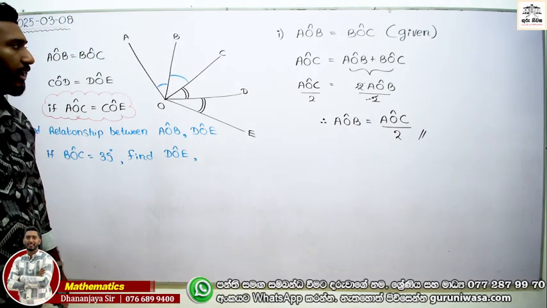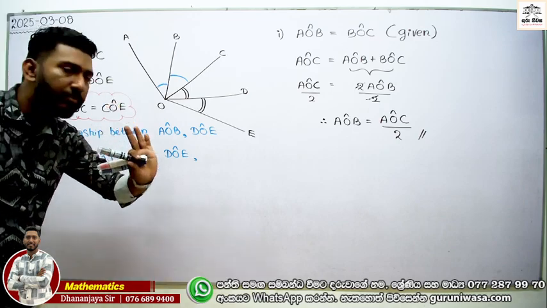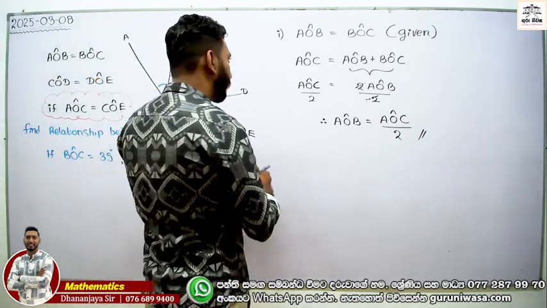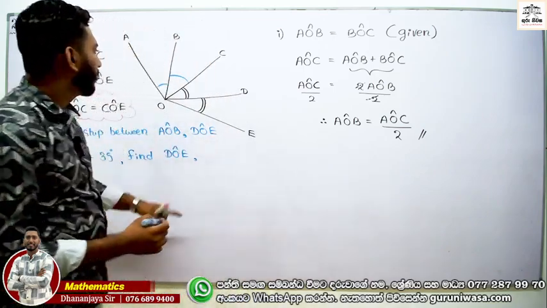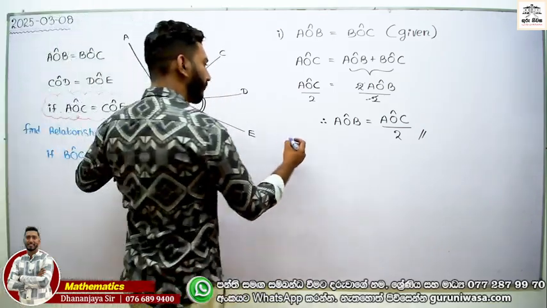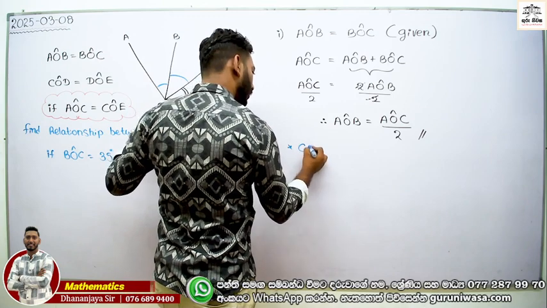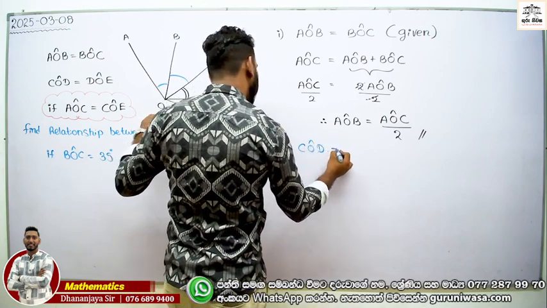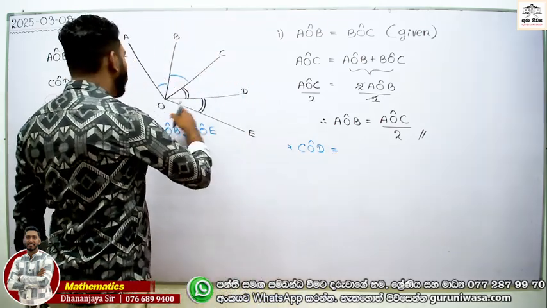Right? AOB is AOC divided by 2. And look at the second one. COD equals DOE.